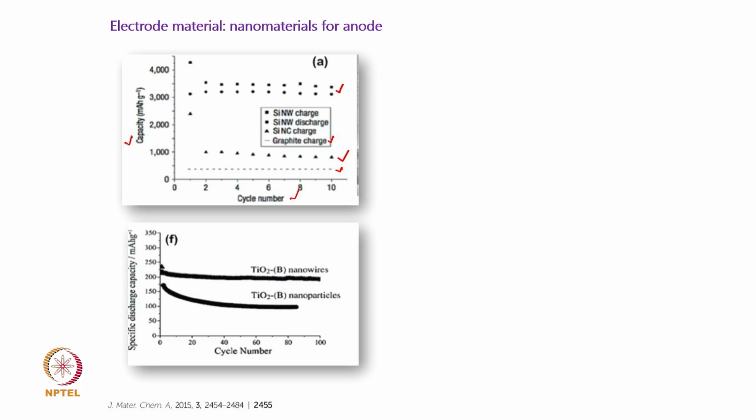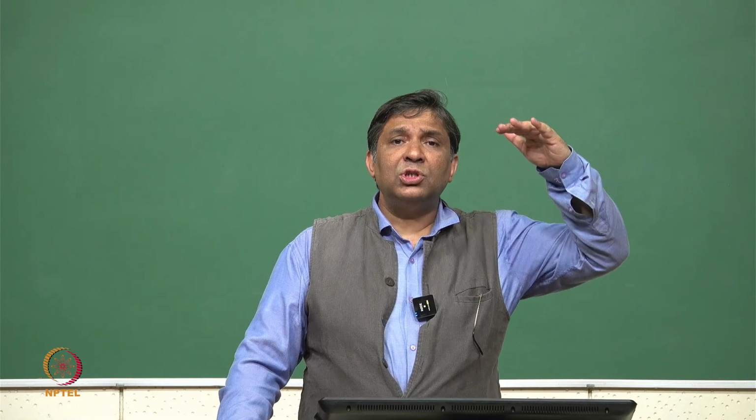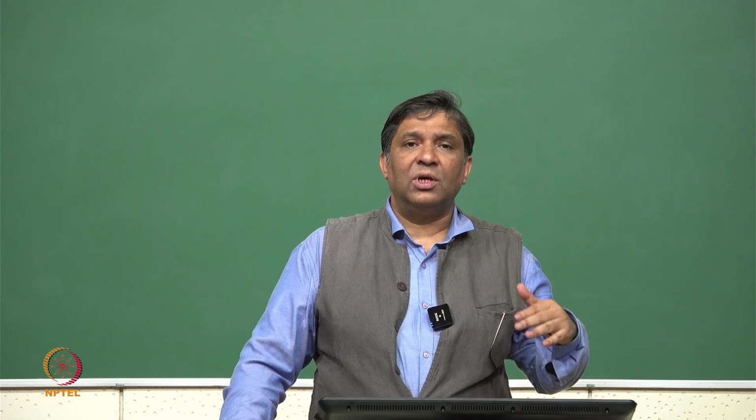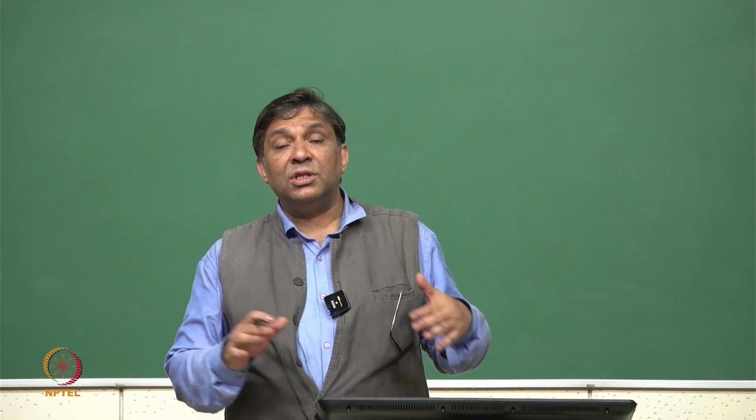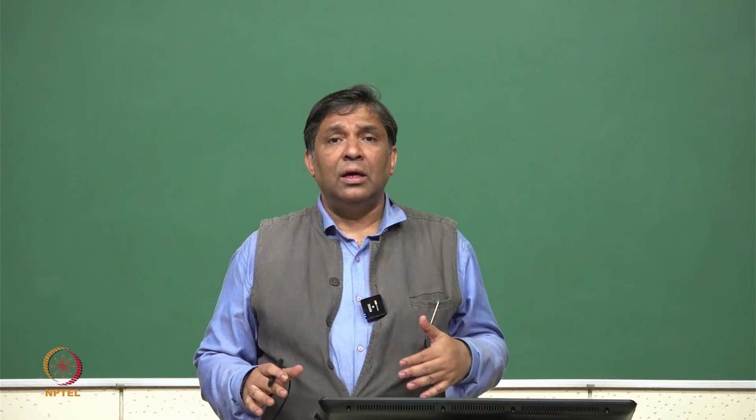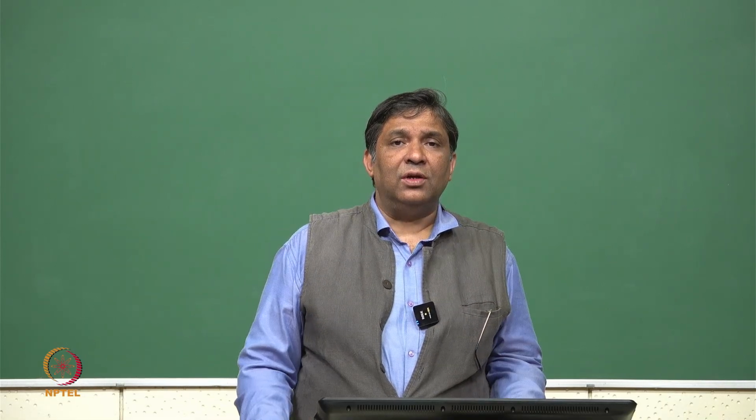But for silicon nanocrystal, it is drastically reduced, only close to 1000. If we have graphite, it is even lower. So, we get a gain of almost 3 times capacity going from silicon nanocrystal to silicon nanowire, as compared to graphite.